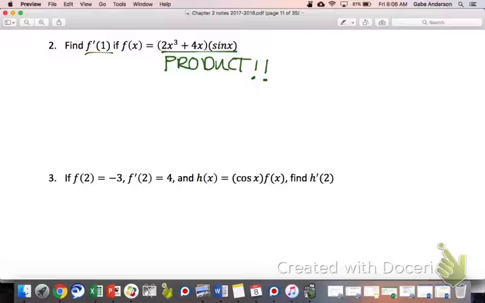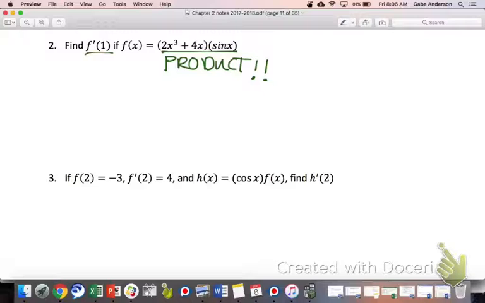You're just telling yourself, I recognize that it's a product, and so as I find a derivative of this, I've got to use the product rule. This is the number one most frustrating thing for students over the years: knowing what the product rule is, knowing how to do the product rule, but then not doing it because they just don't take the time to recognize that this is when it applies. That make sense?